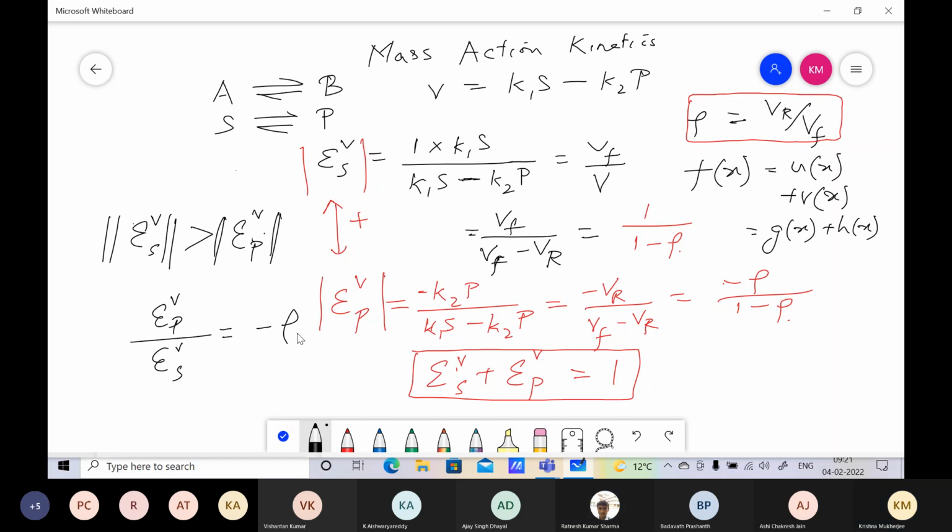Good. And all of you hear me? So minus rho. So these are some of the basic formulations, very obvious, simple algebra. And now let us actually plot this. You remember all this? And I'll plot this.